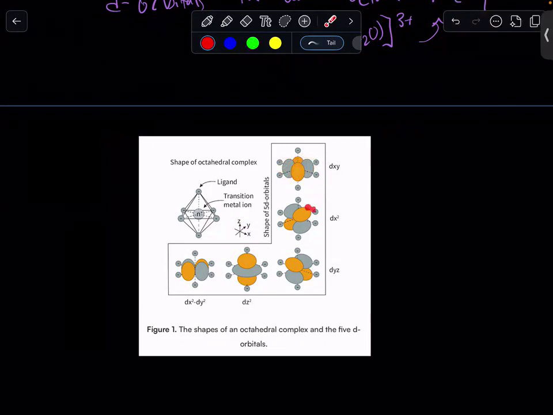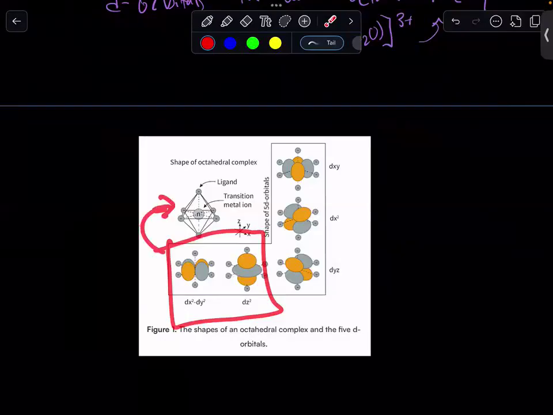Dx squared is across the x, both forwards and backwards. Dz squared is directly up and down, and dx squared minus y squared is on the x and y axes. The beauty of these two right here is they also match where the ligands end up.